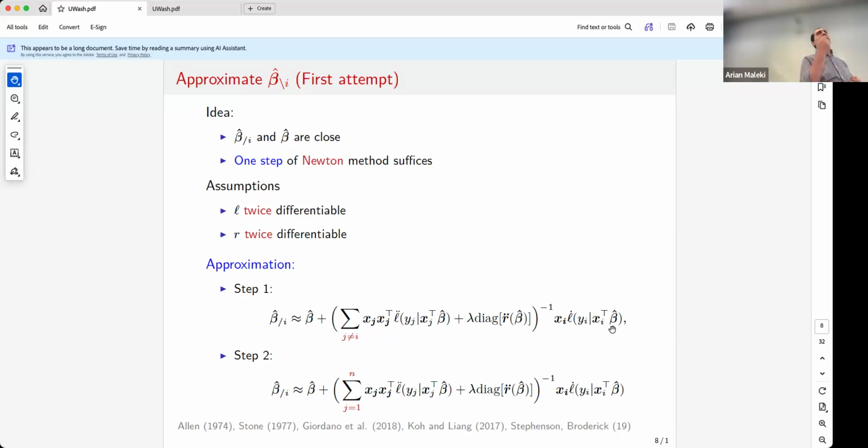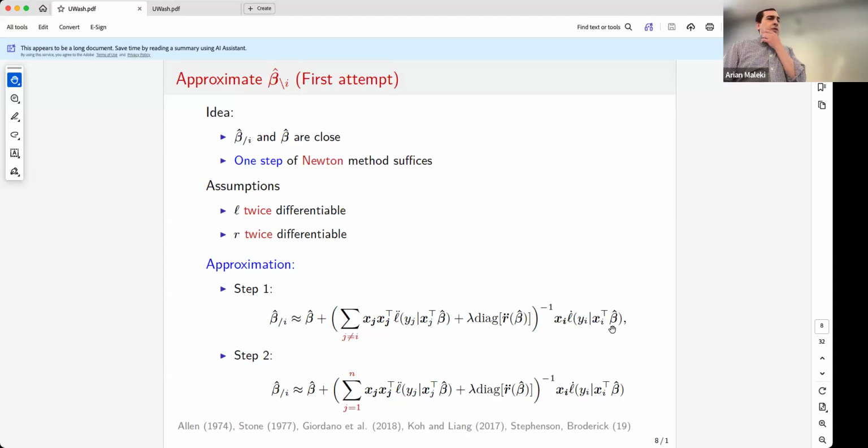So Stone suggested that, to reduce the computation even further, I add this term here. And this approximation has appeared in many recent applications of the Newton method, especially in this Juan Leon paper that became quite popular. The same approximation appeared.